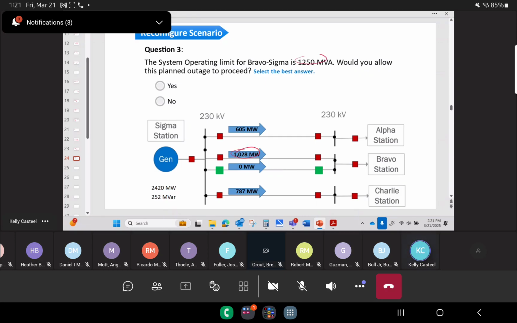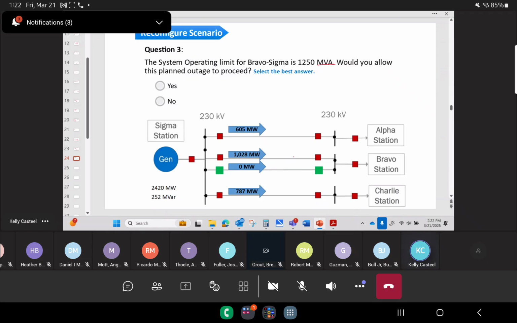Well, wait a second. So it is specified in MVA, that's in megawatts. They do give you some megabars, but you'd have to do a ton of calculations to figure out how many megabars. It looks like you've probably got less impedance on this line than you do on the other two. So that would probably impact.